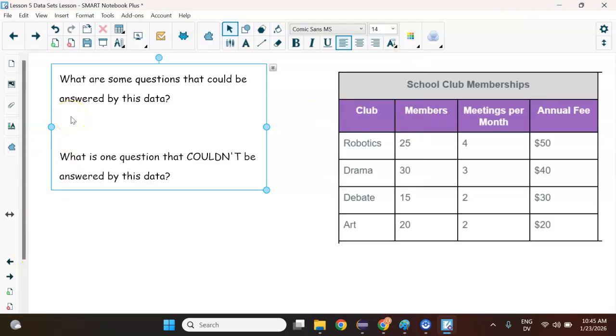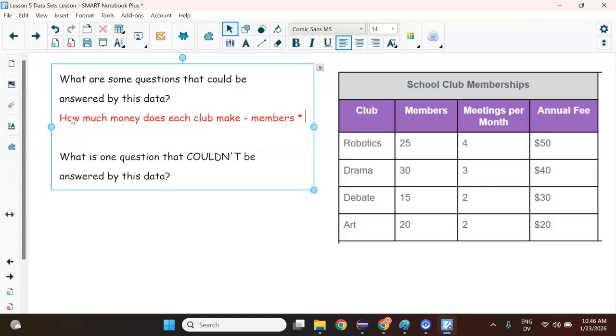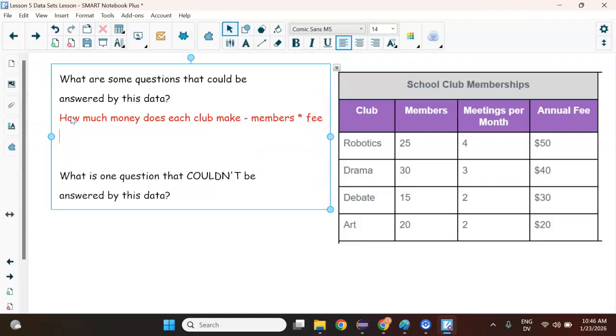Okay, so some simple ones would be, how much money does each club make, right? Because you could just multiply the members times the fee. So you could figure that out pretty easily. Kind of an interesting one would be, what's the lowest cost per meeting for which club?